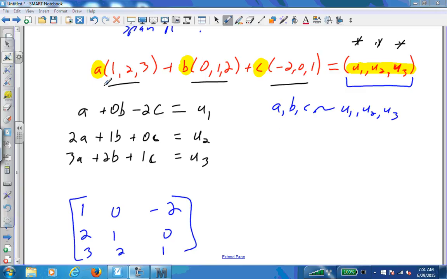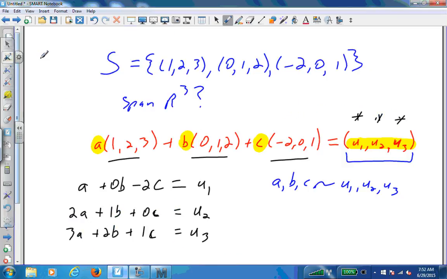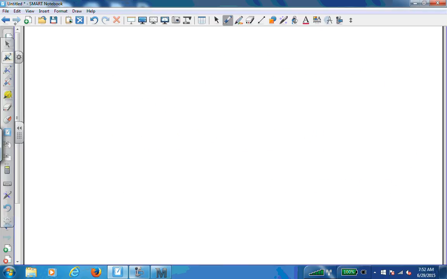So since there is a relationship here, then in fact these vectors do span R3. Now they give another example, and we'll compare these to see that this next set does not span R3.